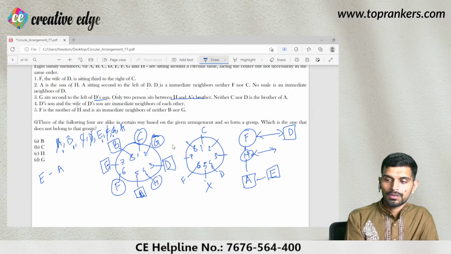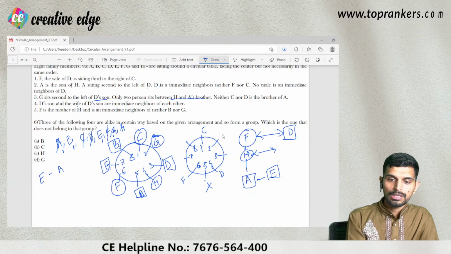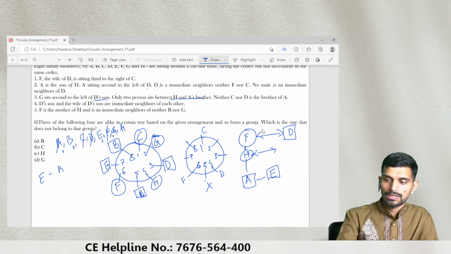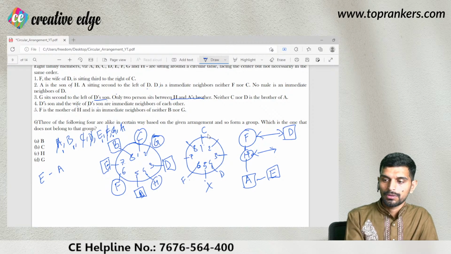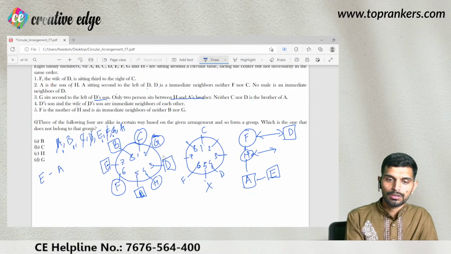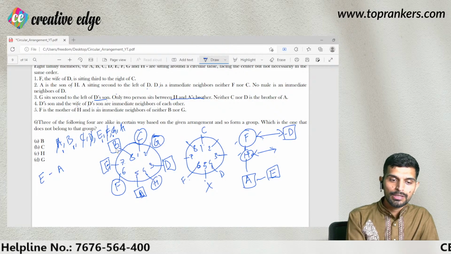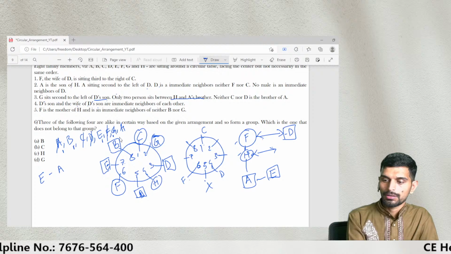F is D's wife, right? F is D's wife, sure. And H's mother. F is mother of H, correct? This we can confirm from the structure. After that, if we talk about B, so B has to be D's son, right?